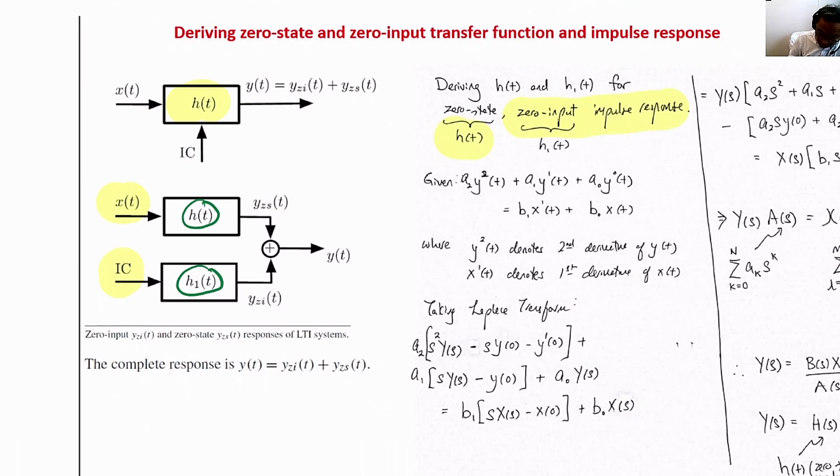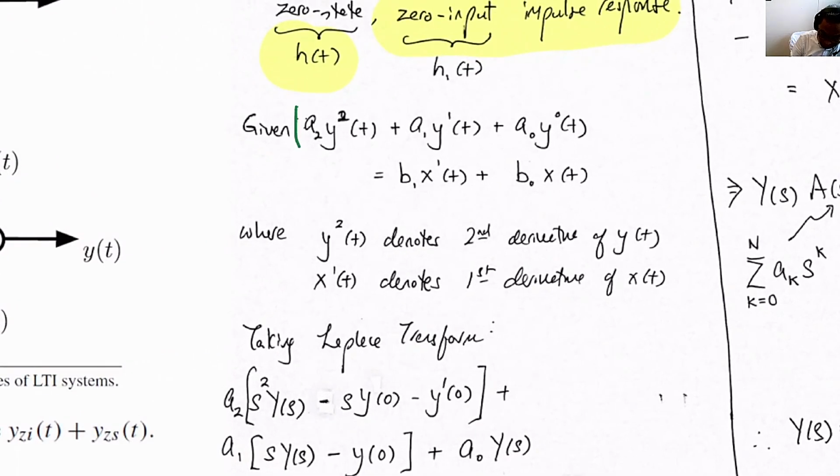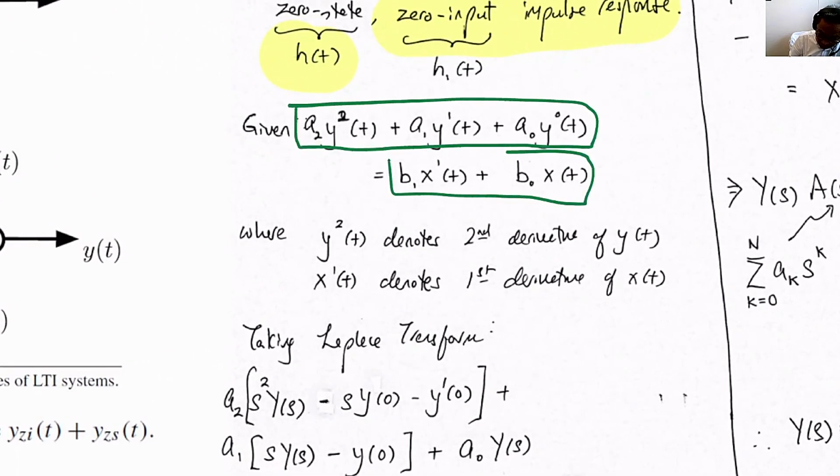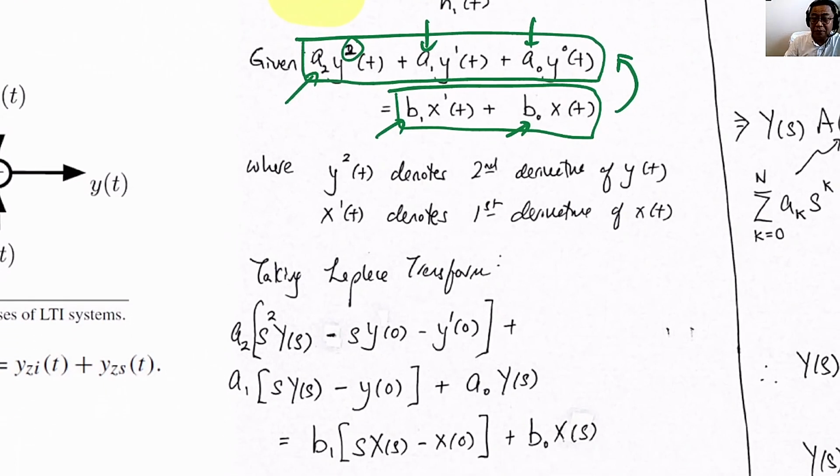Let's begin with this equation here, a differential equation to describe the input versus the output. So this is a second order linear ordinary differential equation, and let's make our life simple: the a's and b's are constant, so it's a constant coefficient linear differential equation of the second order. To solve, once we are given a differential equation, we will take the Laplace transform.